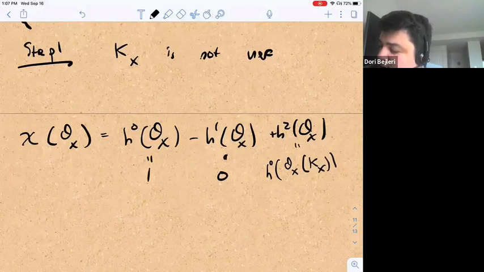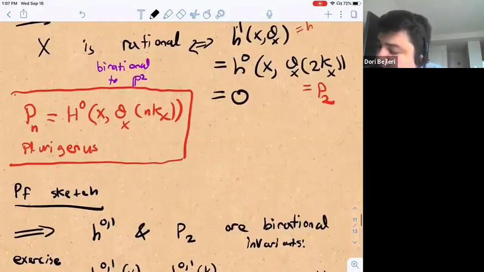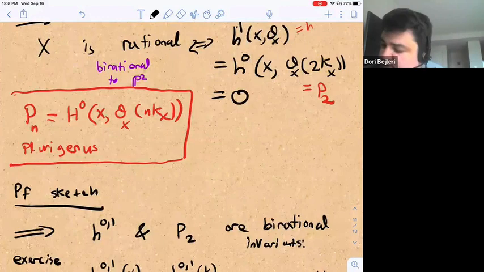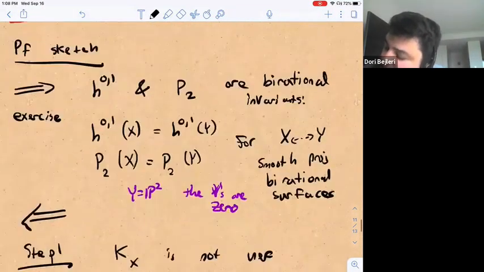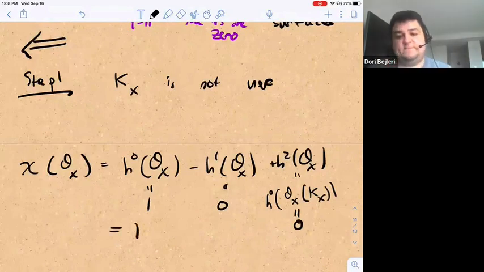But we're assuming that 2 times the canonical doesn't have sections. So the canonical can also not have sections, because if K has sections, then by just squaring them, you get sections of 2K. So this is also 0. And so the Euler characteristic is 1. Okay.